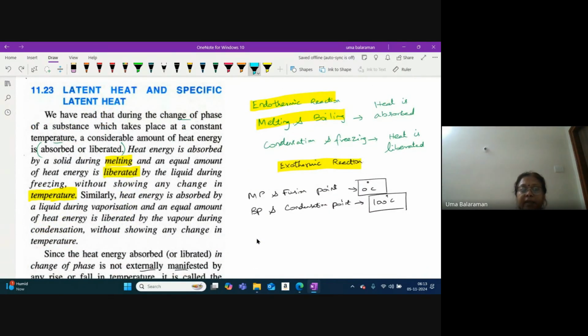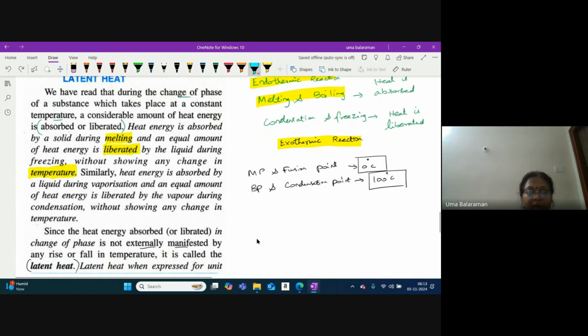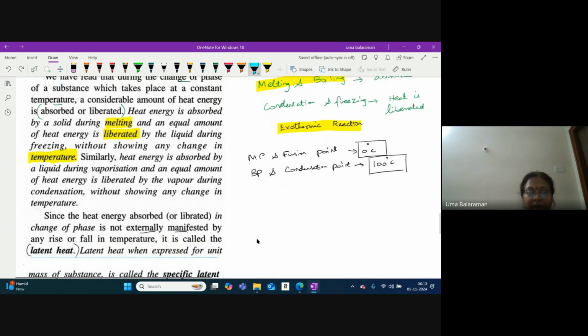So if they ask you what is latent heat, you have to write both heat energy absorbed or liberated. If it is melting, it is heat energy absorbed. If it is fusion, heat energy liberated in change of phase, and it is not externally manifested by any rise or fall in temperature, is called latent heat.